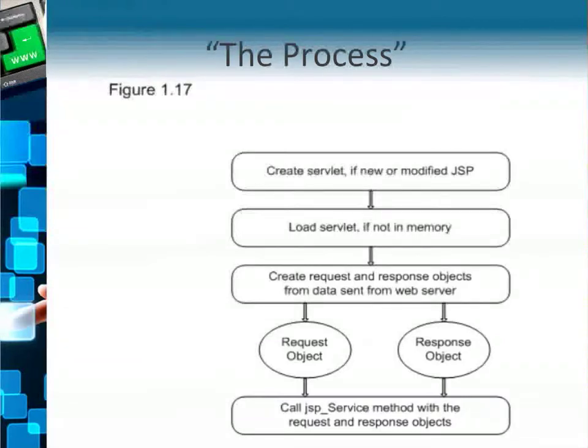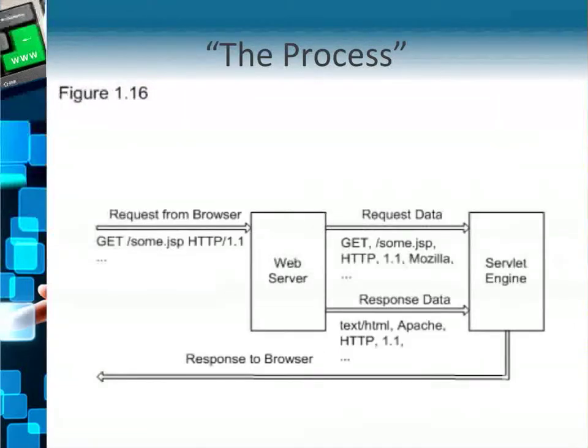So here in figure 1.17 of the book, we can see, before I go into this, let me make a note. In figure 1.16, the response data goes back to the server. You have request data going to the right, and response data going to the left. So the arrow there is wrong.